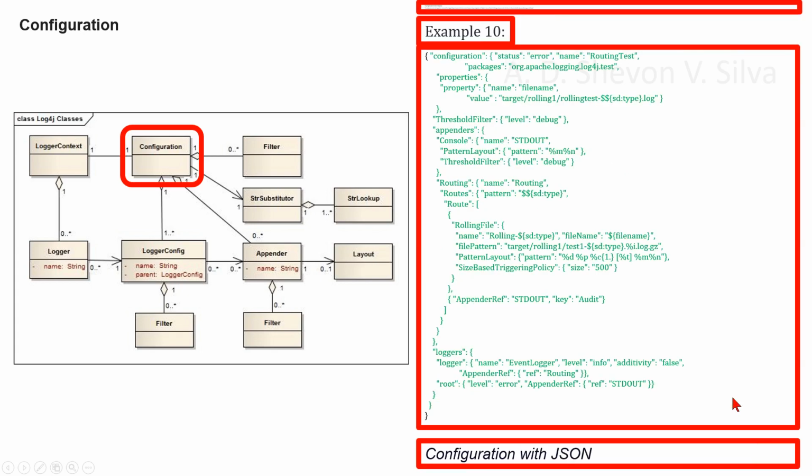Here you can see the configuration with JSON. In addition to XML, Log4j can be configured using JSON. The JSON format is very similar to the concise XML format. Each key represents the name of the plugin, and the key value pairs associated with it are its attributes.